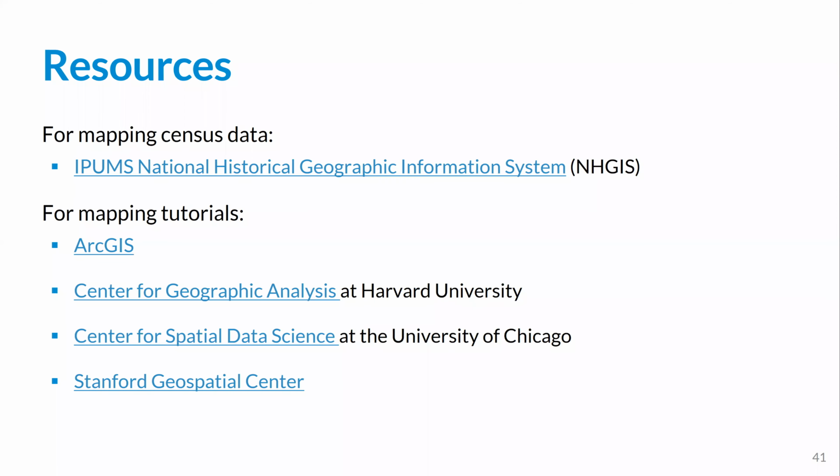We've got the link there. And NHGIS allows you to easily download tabular census, American Community Survey, and other data linked to the geographies that they represent. So that really saves you a step of having to align things or crosswalk. And it's a wonderful, really easy to use site.